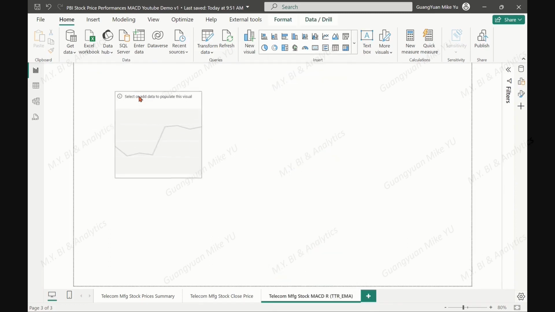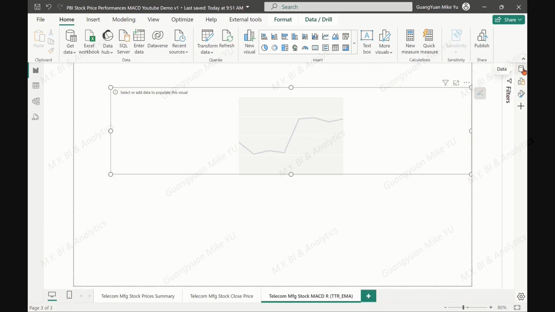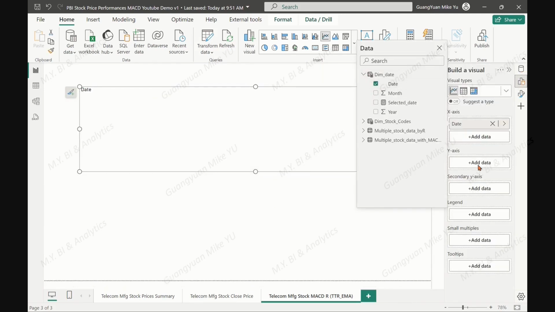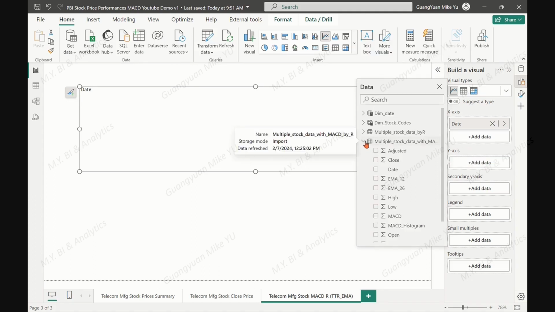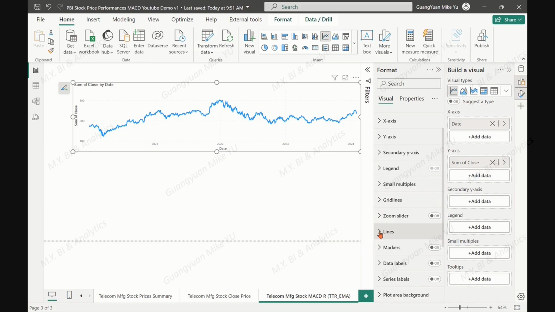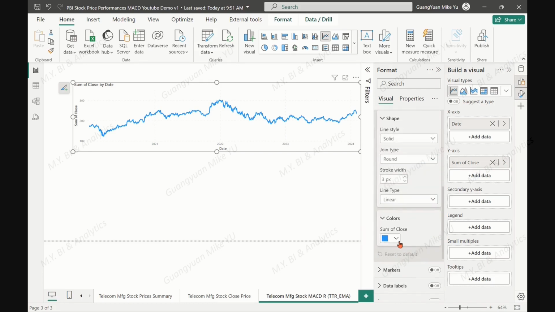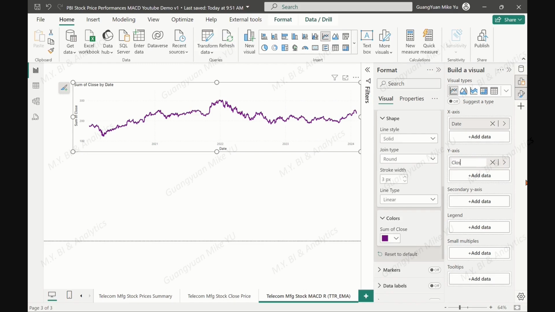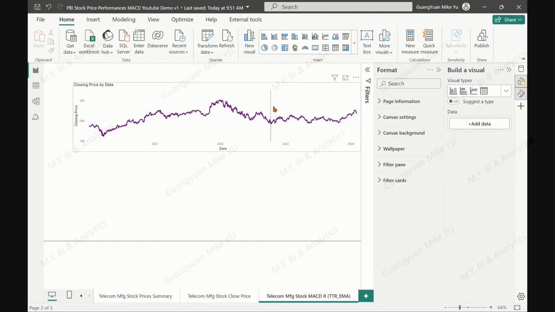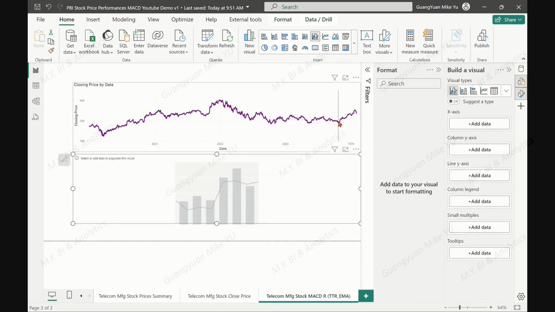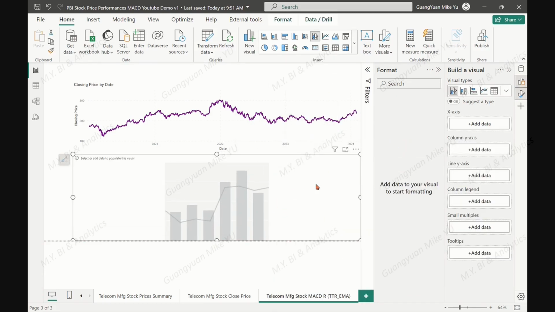Place a line chart visual for closing price against the date from the date dimension table. Format the color if needed. Place a line and clustered column chart visual for MACD lines against the date from the date dimension table.